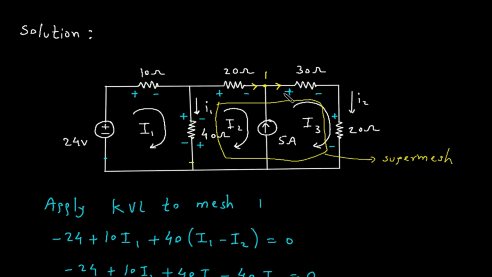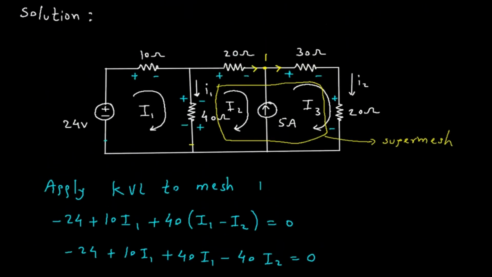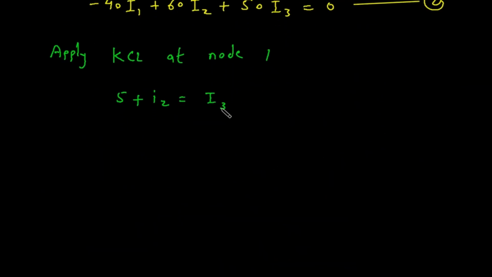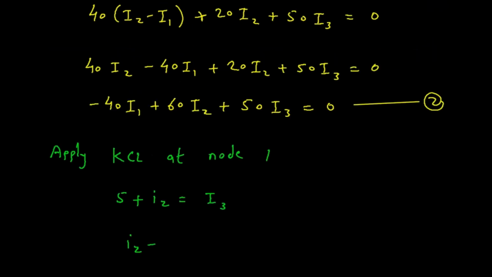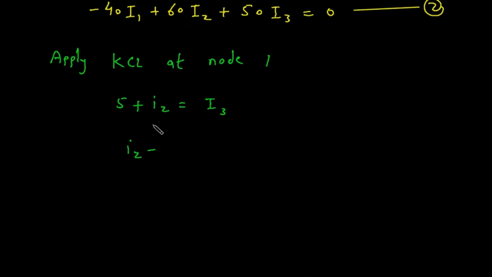So summation of entering current at this node is 5 plus I2, is equal to this current I3.